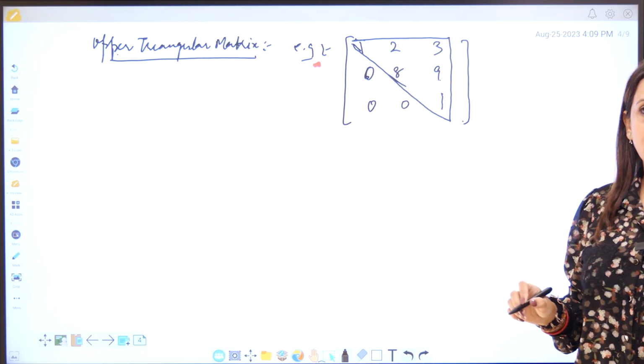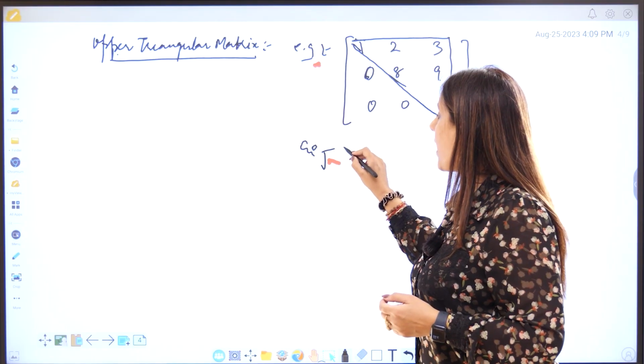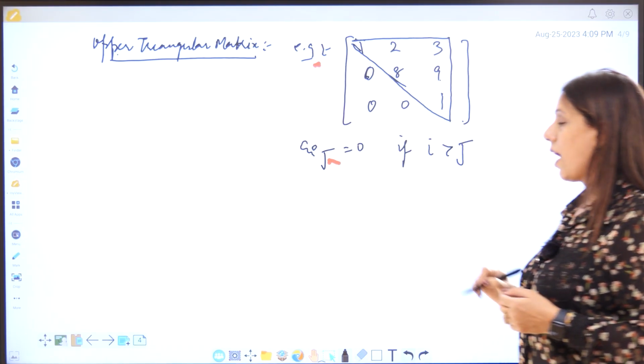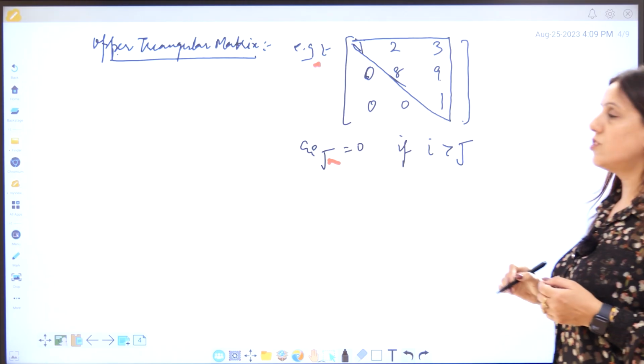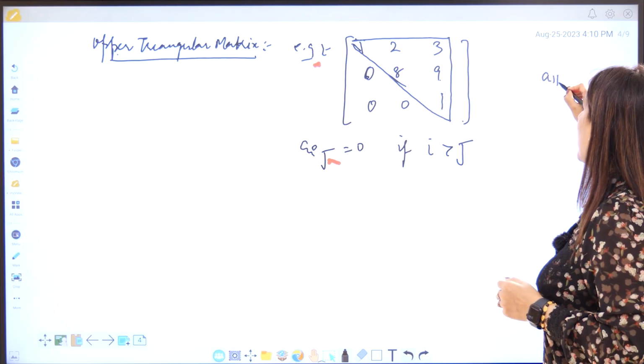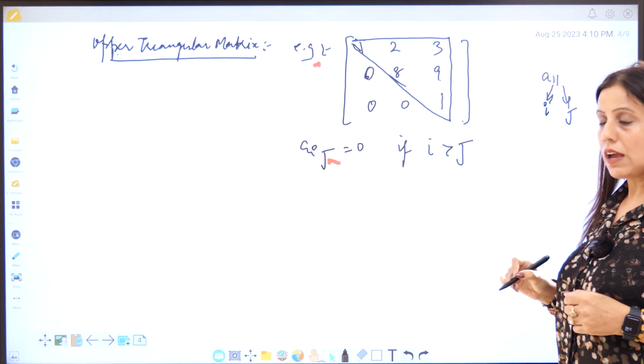Or in other words, you can say that Aij is 0 if i is greater than j. And now what is i, what is j? i and j denote the elements, that is A11. This denotes the i and this denotes the j. Right?